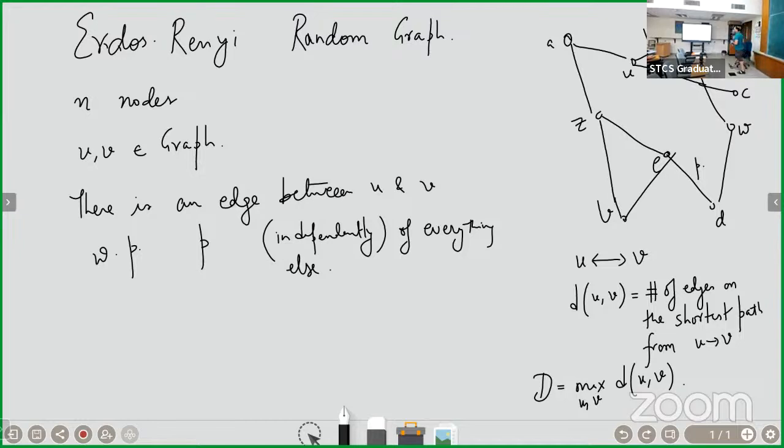Or C and D? B and B or B and C? B and C maybe. 1, 2, 3, 4, 5, 6. That's one way to go from B to C. What about this way? 1, 2, 3, 4. So I'm always counting the minimum.